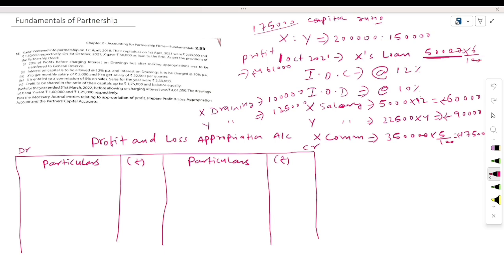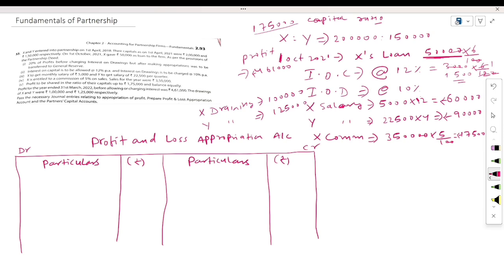What is the date of the loan? The date of the loan is mentioned here as 1st October 2021. It means for 6 months we will provide interest to him. The annual interest is 3,000, and for 6 months we will provide interest. It means the interest on the loan amount will be 1,500.